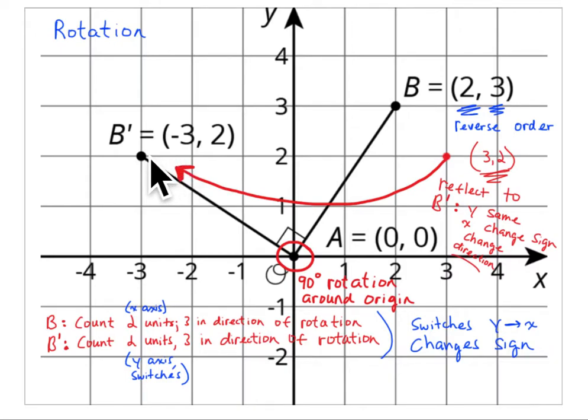So the 3 switches from the y value to the x value, and because you're moving to the second quadrant, it becomes -3. So it's 2, 3 units, and B was 2 units and 3 units this way. So switches y to x, and one of them will change signs.